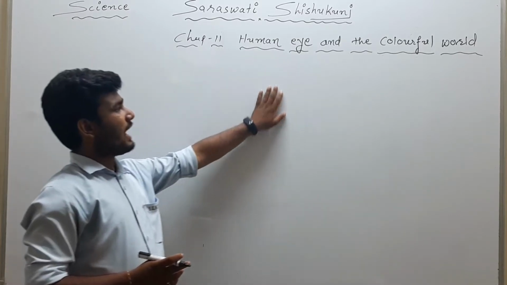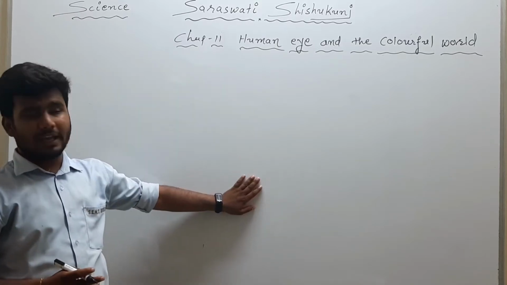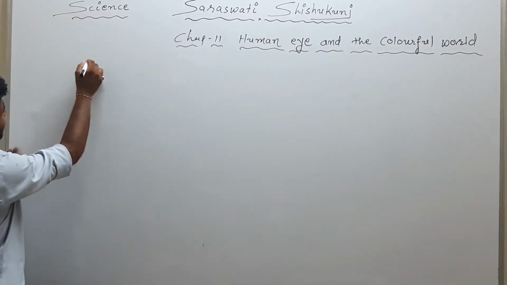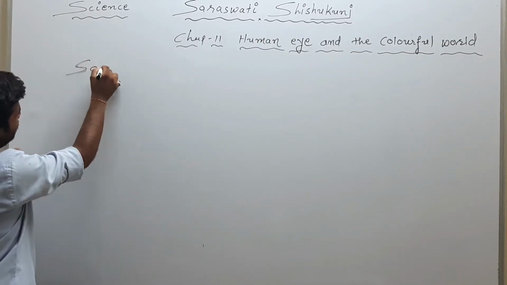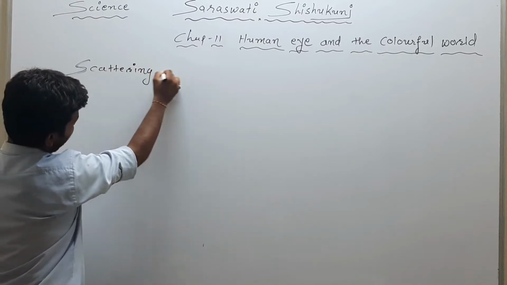Now today we are going to have the last video session of this chapter number 11, and in this we are going to understand an important topic like scattering of light.